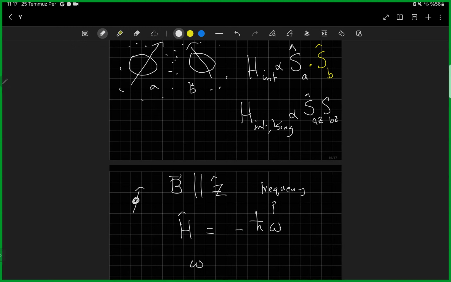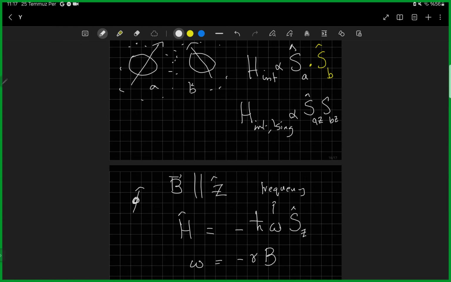This frequency is, I think, minus gamma times B, the magnetic field, and an operator S. Since the field is along the z-axis, the spin operator is also along the z-axis. So this is the Hamiltonian for a spin inside a magnetic field.